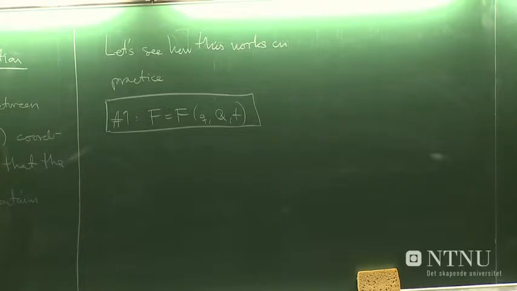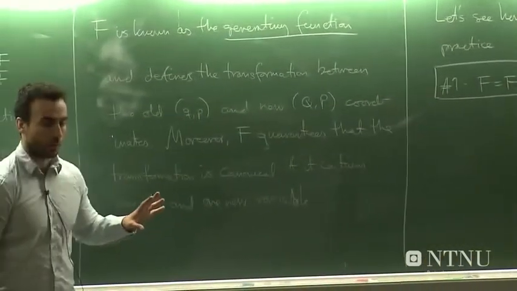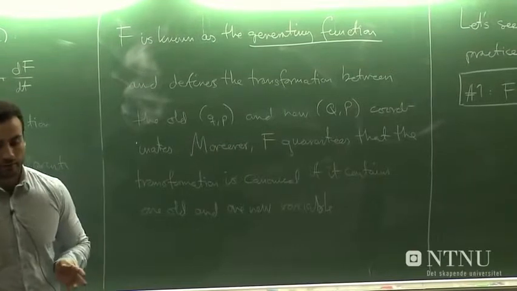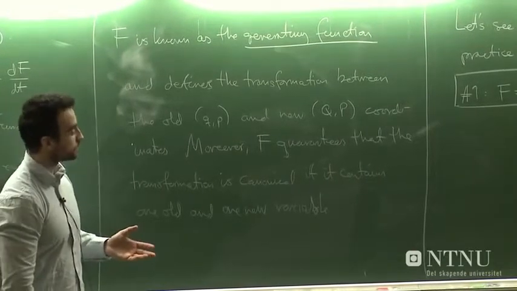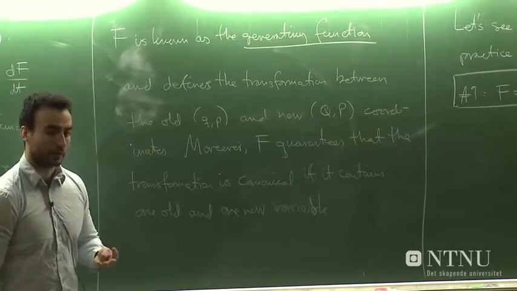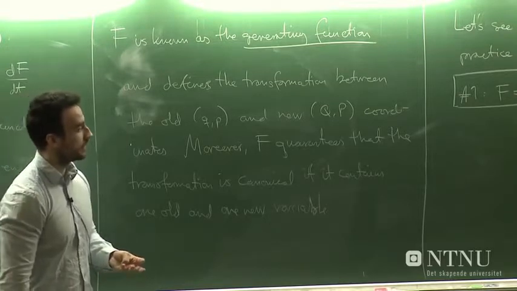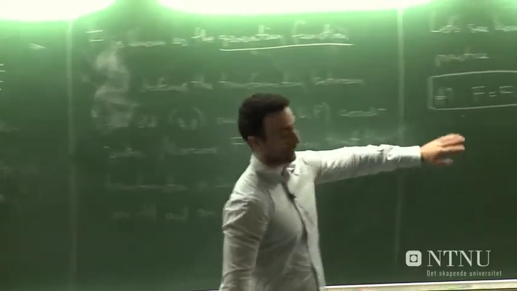Now, if f is supposed to contain one old and one new variable, there are 4 different combinations. Let's consider this one first.